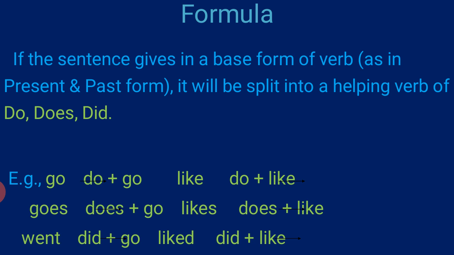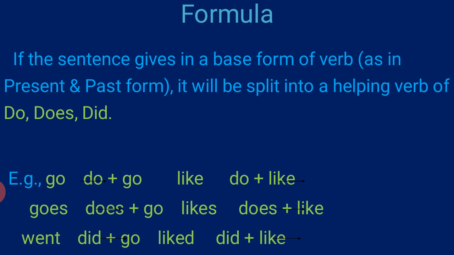For example, go splits into do plus go, goes splits into does plus go, and went, a past tense, becomes did plus go. Do and does are for present tense, and did is for past tense.